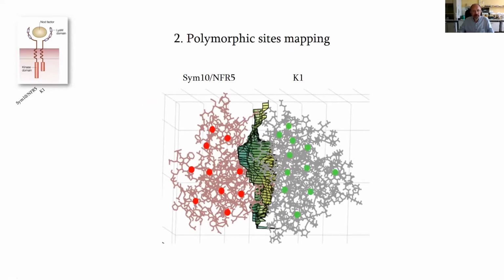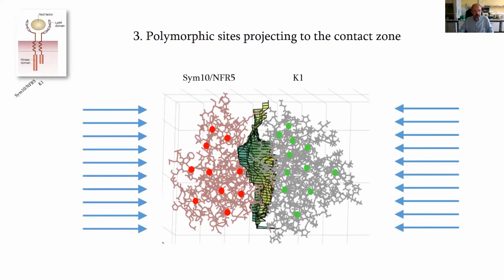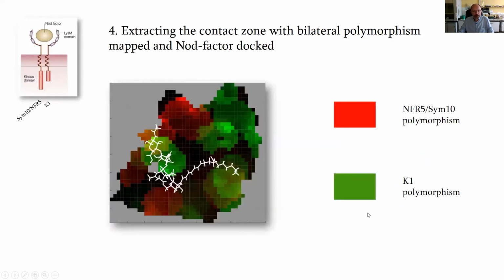Then we mapped all polymorphic sites identified from analysis of clonal libraries, made projections of this polymorphism on the contact zone, and performed Nod factor docking. And you can see on this picture Nod factor docked in the contact zone between two receptors with polymorphic sites mapped.